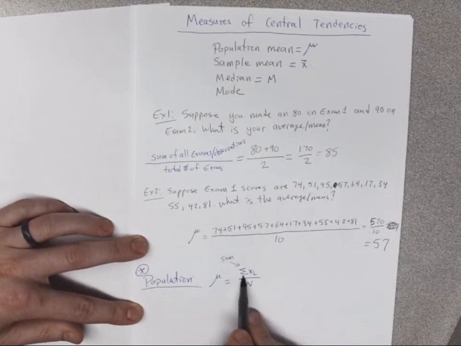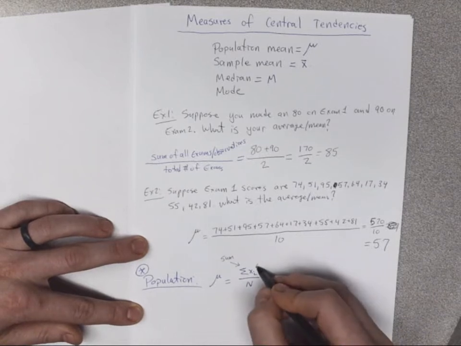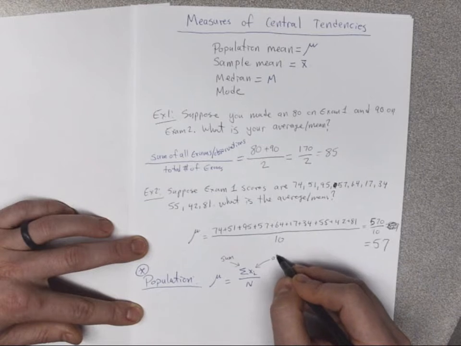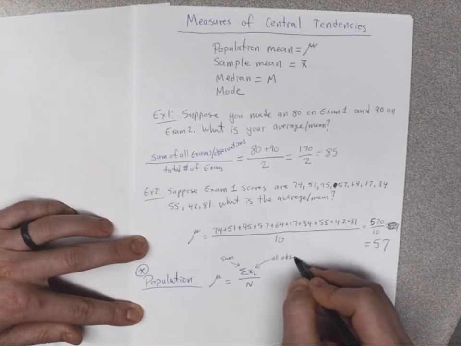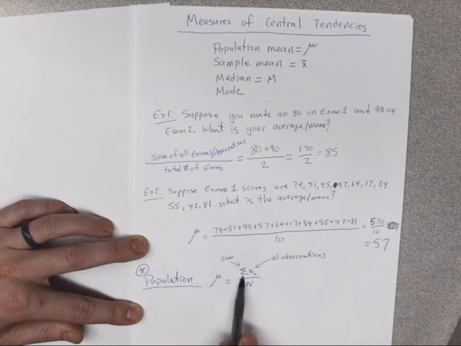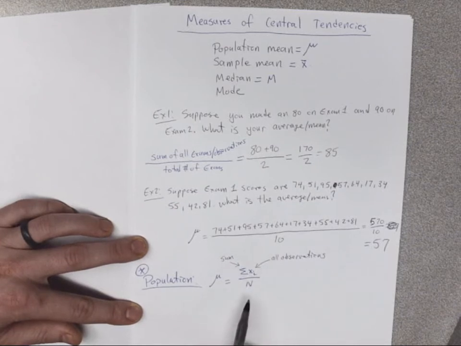So we're summing all of these, and this xi means all observations. So this jagged E here means the sum, and this xi means of all observations.